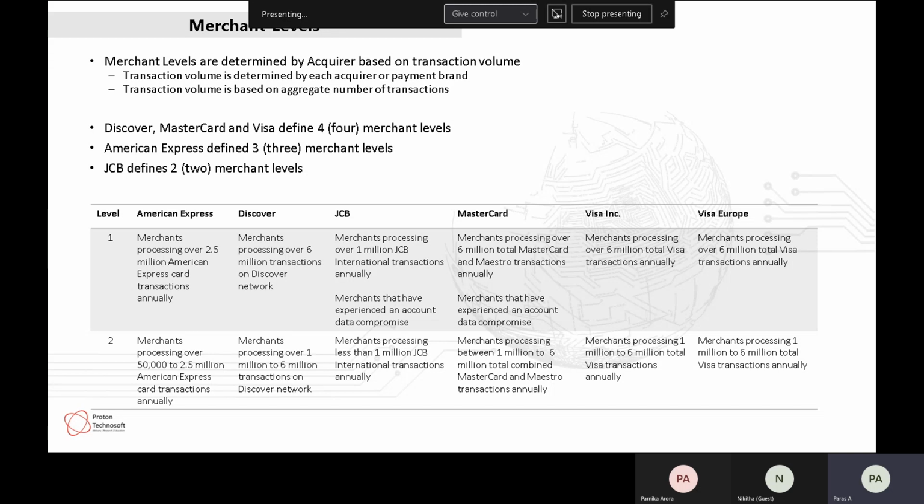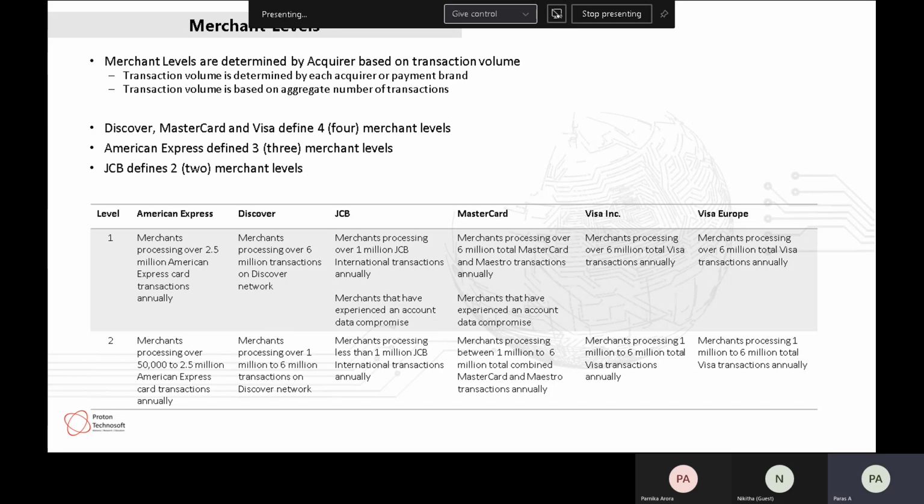Discover treats somebody as a level 1 merchant who is processing over 6 million transactions on the Discover network. JCB has a requirement of 1 million international transactions annually on the JCB network, or some merchant who is processing JCB data or a JCB transaction but is already compromised as well.